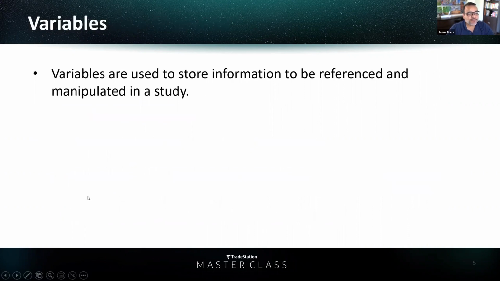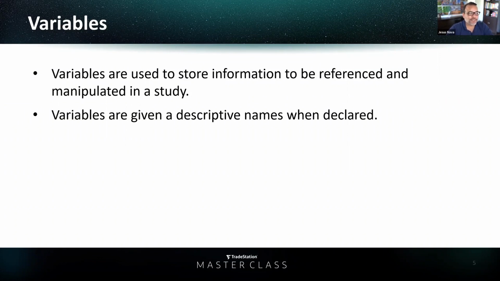Variables, we're going to use variables in our custom show me's. They're used to store information. I see variables as little containers that allow you to house a particular definition or particular formula, so that throughout the code, you don't have to type up the formula or type up the condition. You can just reference the variable for readability.